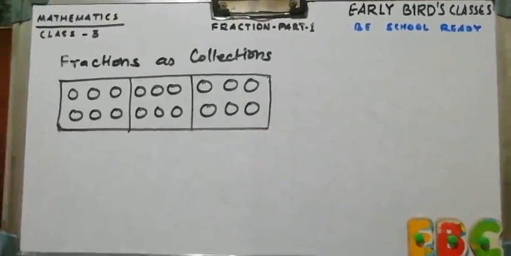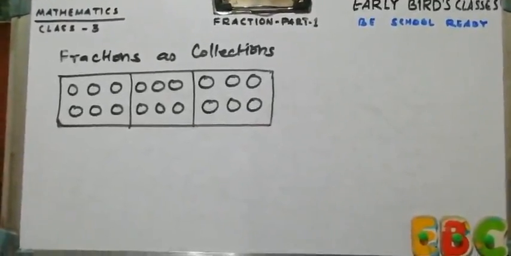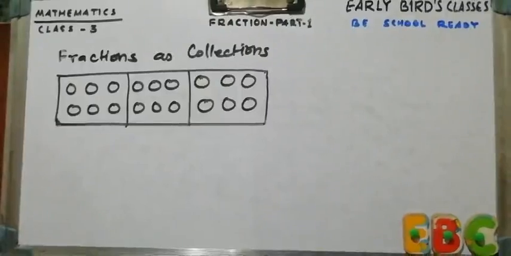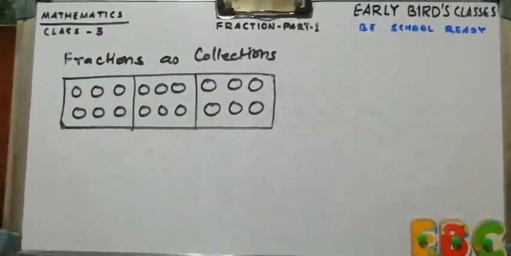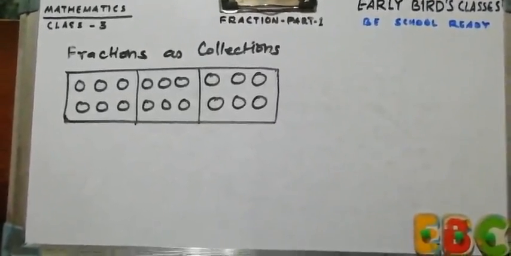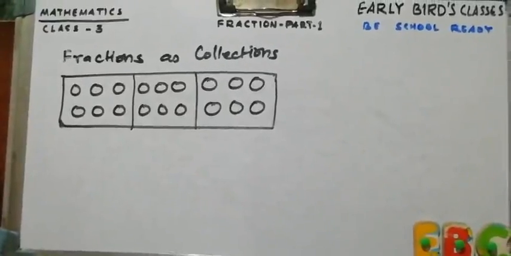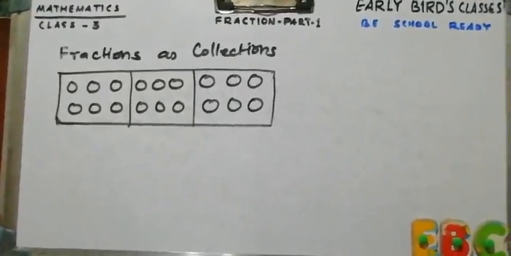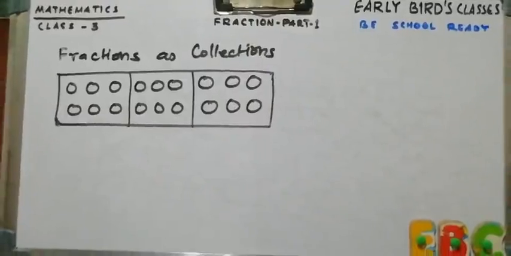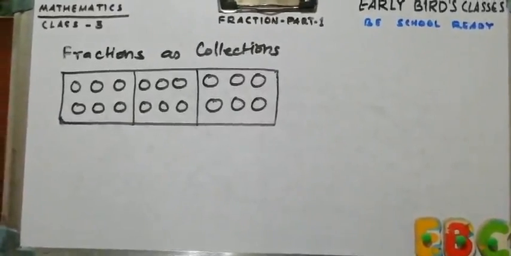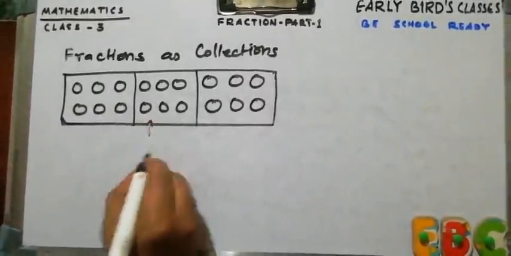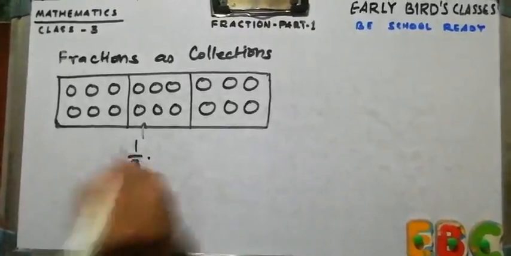Fractions as collections. Suppose we have a set of 18 balls and we have divided equally into 3 parts. So we have to find out how many balls are there in each part, right? So we have divided the lot into 3 parts, so each part will be 1/3, right?